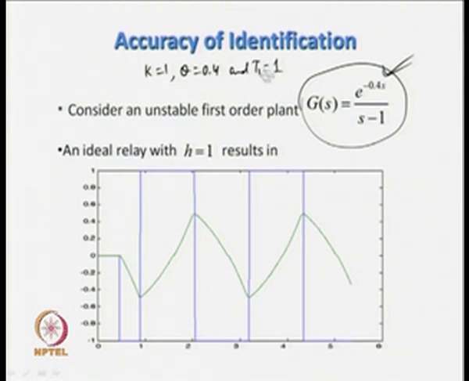Now, when a relay test is conducted on this first order plus dead time transfer function model, the sustained output is obtained, and the waveform of the sustained oscillatory output is shown over here, where this is our output y(t). Now, let me draw the x axis.